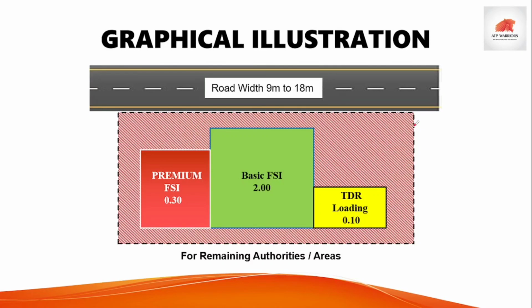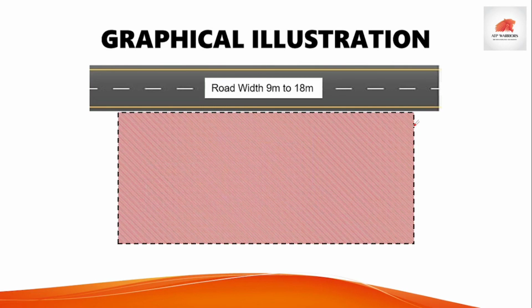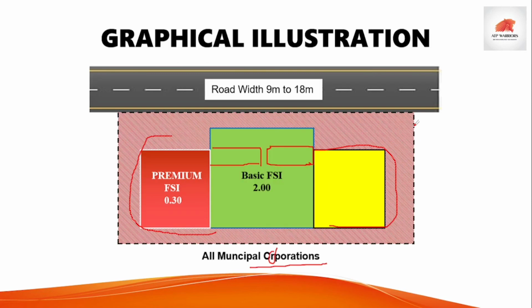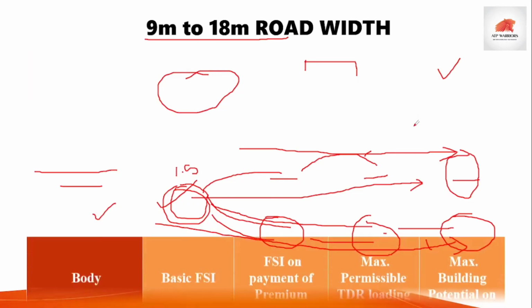So according to this, the table which is given in UDCPR may give you confusion. So keep revising these values by drawing a table like this. I will show you like this.